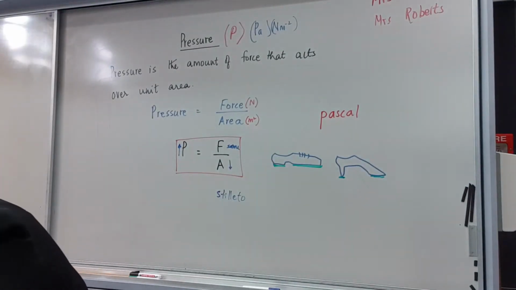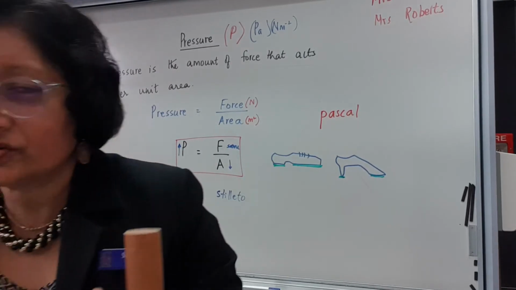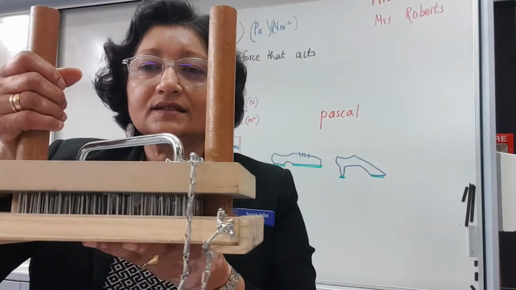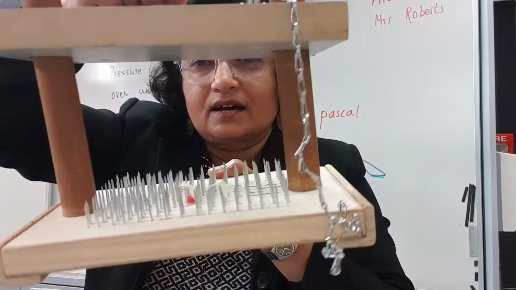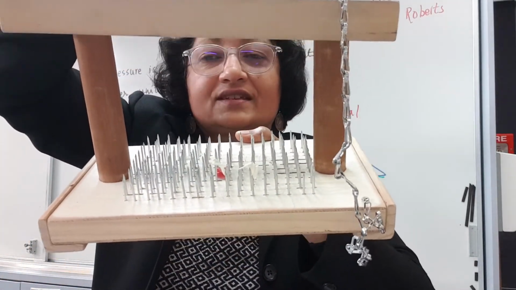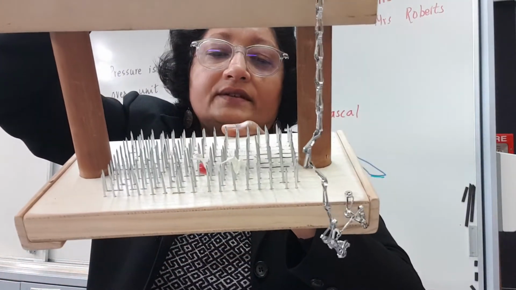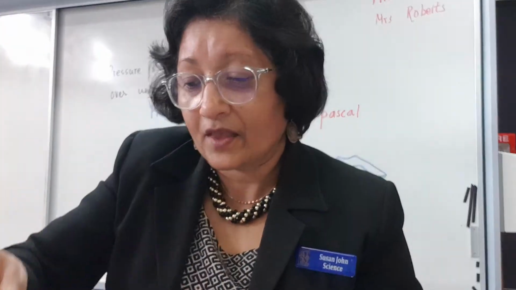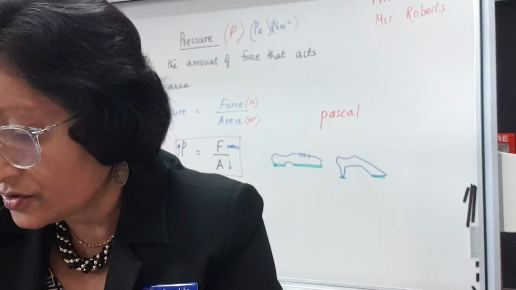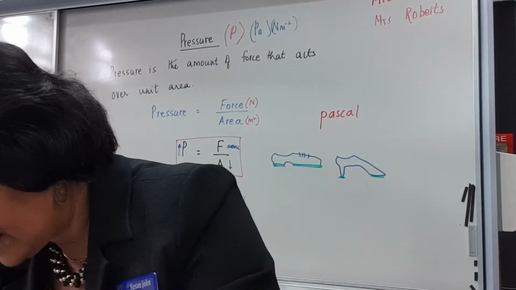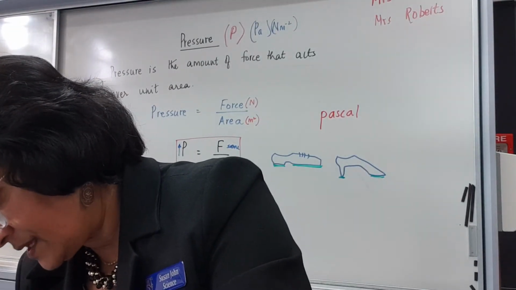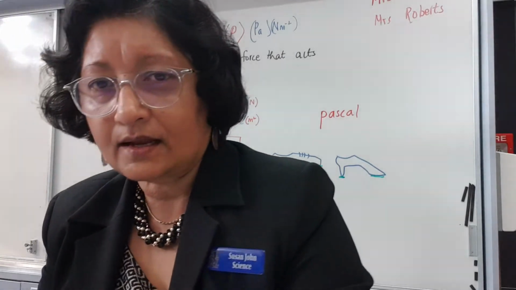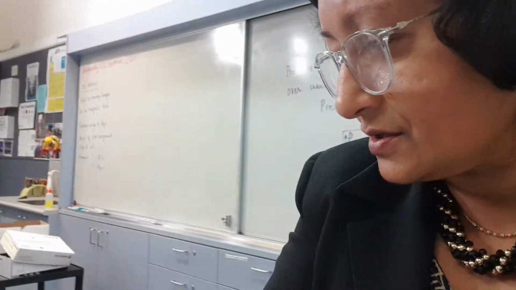But I could also choose to burst this balloon using a bed of nails. So I've got a nail bed here, which was made specifically for this experiment. This has got hundreds and hundreds of nails, and the nails are just as sharp as the pin. So now I'm going to put the balloon in this nail bed between the nails, and I'm just going to lower the camera so you can see what I'm doing.